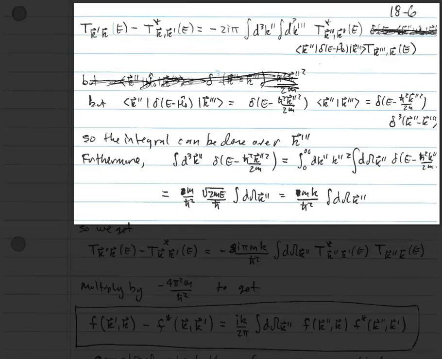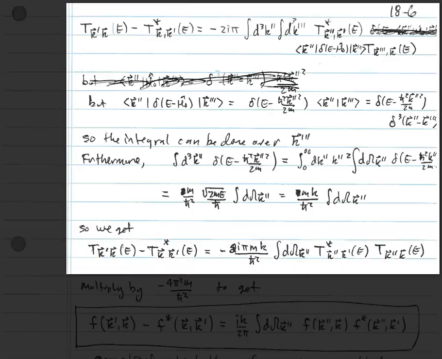So when all the dust settles, you put that all together, you're going to get an m over h bar squared, square root of 2m e over h bar, integral over the angle coordinates, or after a simplification, mk over h bar squared, integral d omega k double prime. So we're going to get rid of nearly all of the integrals, and we find that t k prime k of e minus t k k prime star of e is going to equal minus 2i pi mk over h bar squared, integral over the angles for k double prime, t k double prime k prime of e star, t k double prime k of e.